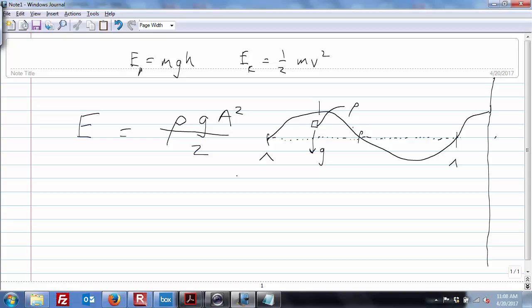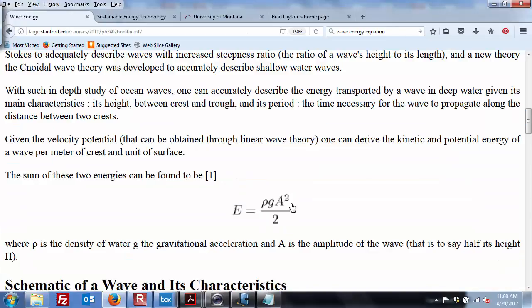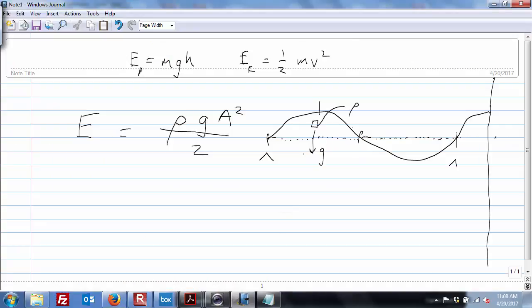So this equation looks a little like both, because you've got the 1/2 there, and you've got this A. Where's that coming from? Well, A is the amplitude of the wave.